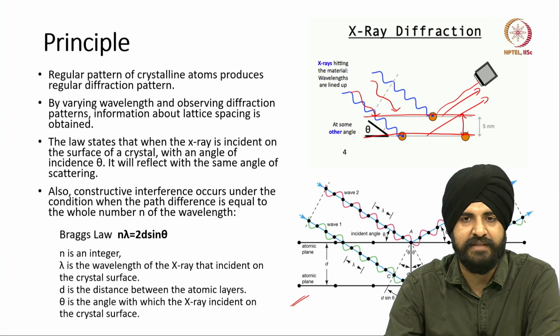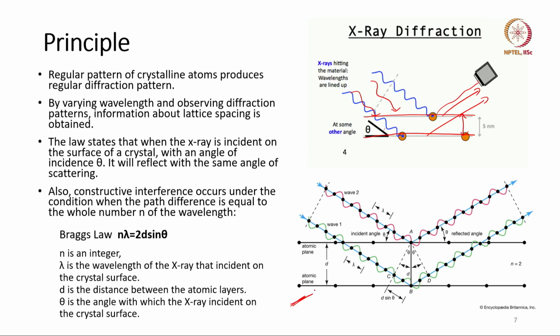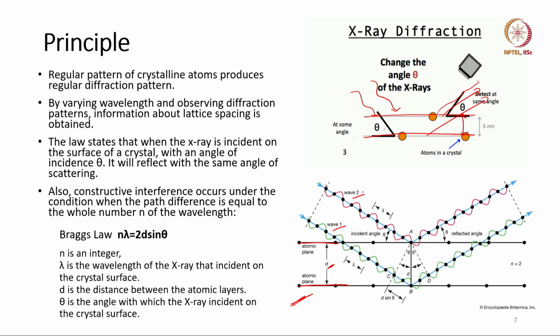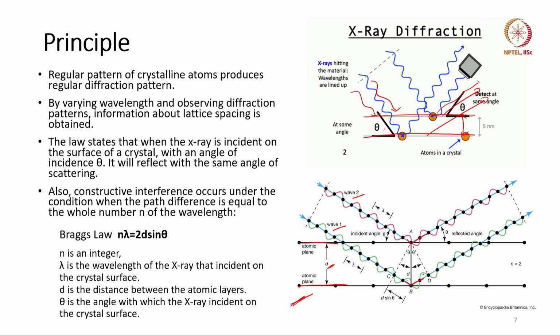To understand Bragg's law, we have this schematic here. These are our interatomic planes, d is the distance between the two planes, and we have the incident X-rays. Wave 1 and wave 2 are falling onto our sample. As you can see, they will reflect and then have a particular diffraction pattern.